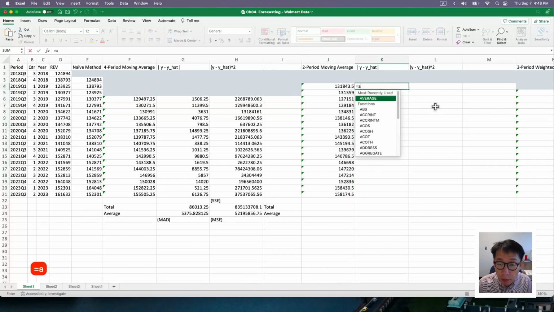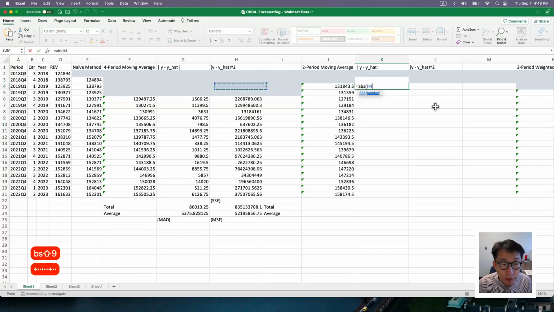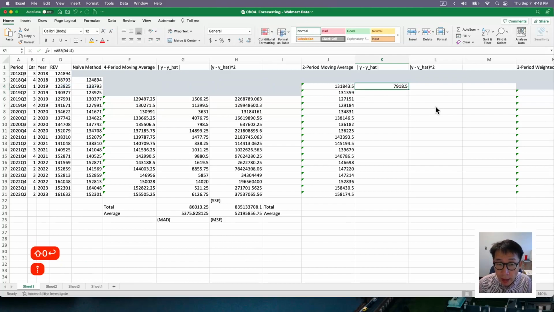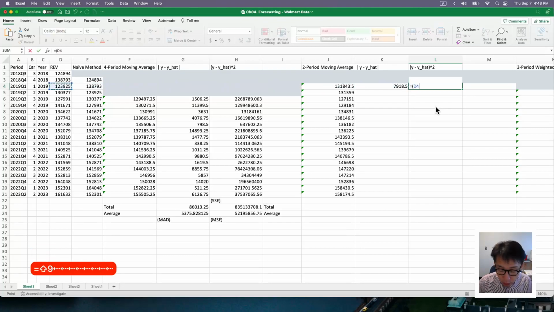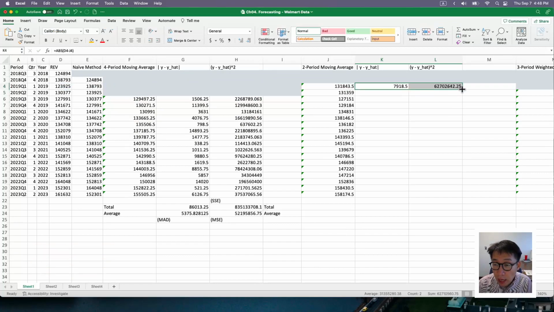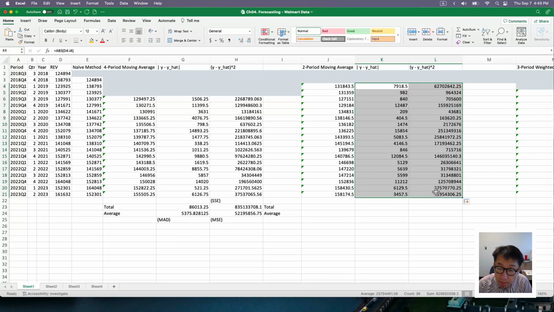So again, we'll do ABS, the difference between the revenue and forecasted value. And here is the difference between actual and forecasted, but squared. I know you are getting very large numbers, but this is very realistic data because I pulled it from Walmart's financial statement.